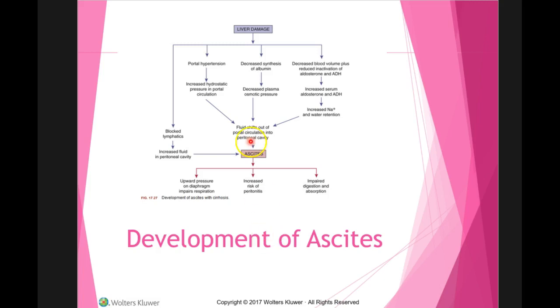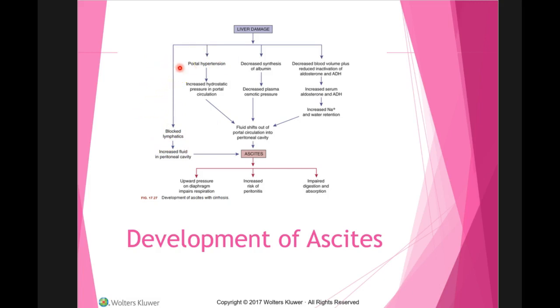So this diagram pretty much shows you the hot spots of the development of ascites. So as a result of all of that scarring, you have a high pressure in the portal veins and the lymphatics as well.